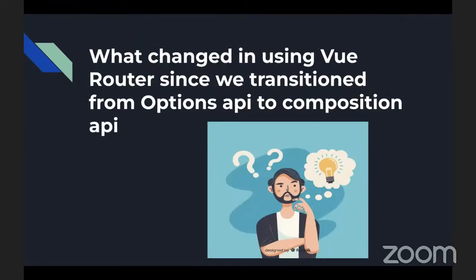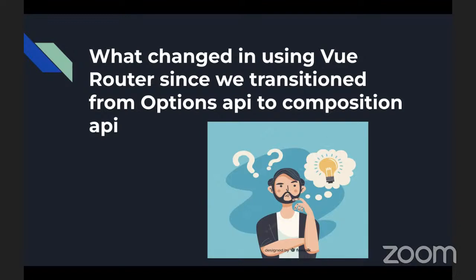So the question we should ask ourselves now is, what changed in using the Vue Router since you transitioned from the options API to the composition API?